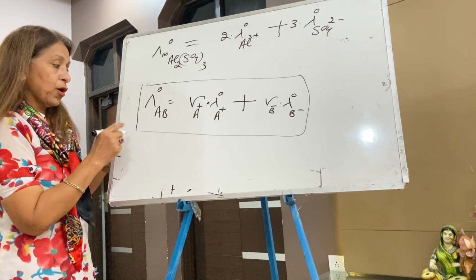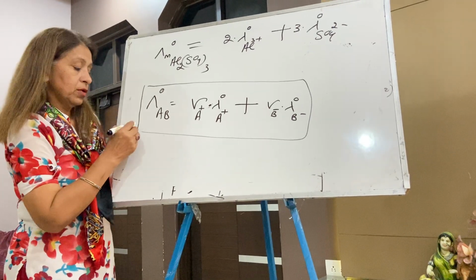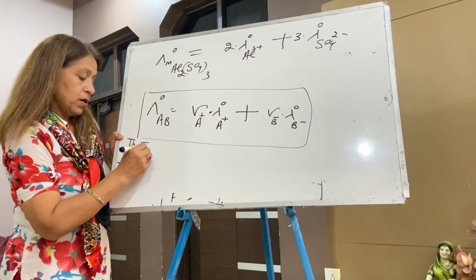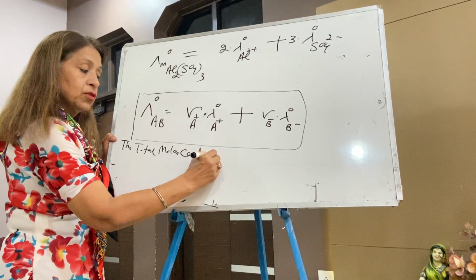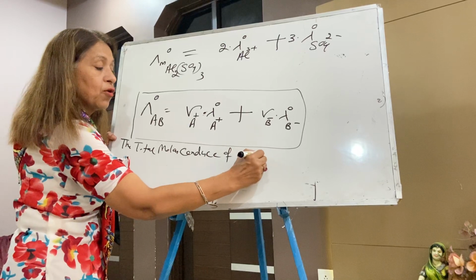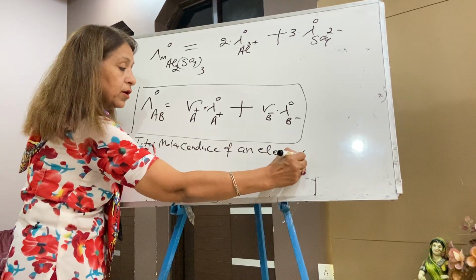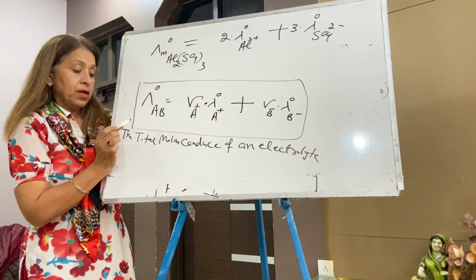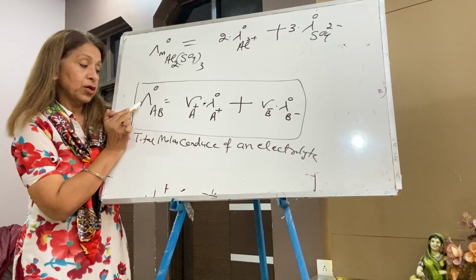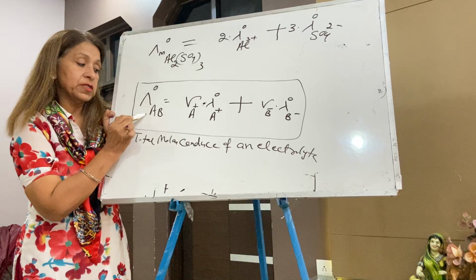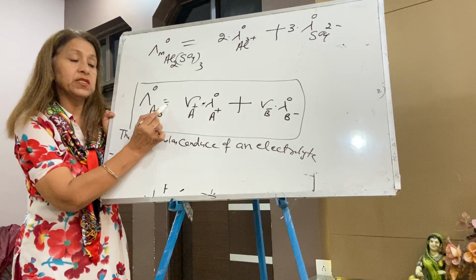Write down, according to Kohlrausch law, the total molar conductance of an electrolyte. Now you see my finger. First line. This is the first line. So you see my finger.